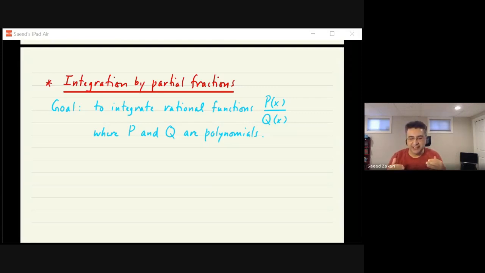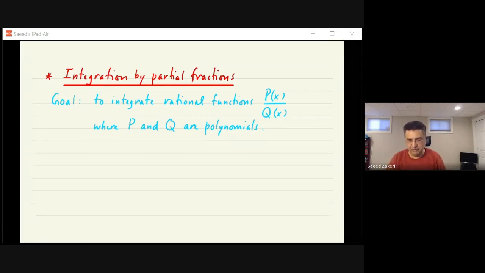In some sense, this is the inverse of taking common denominator. So the goal is to think of this rational function with a bunch of factors on the bottom as the result of taking common denominator of the sum of simpler fractions. So we have the final answer. We want to figure out what those individual fractions were. Once we split this, and this is what's called partial fraction, that's the reason for the name.